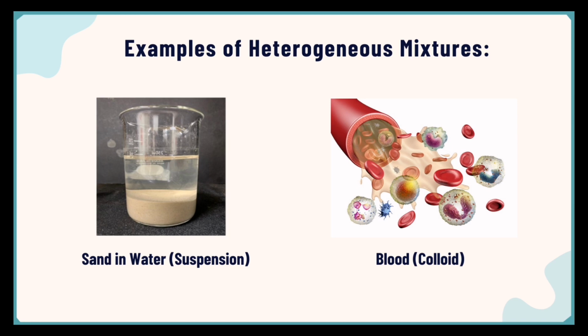It is considered a heterogeneous mixture but appears homogeneous to the naked eye. It is classified as a colloid because of that reason. However, when observed through a microscope, it is a heterogeneous mixture composed of red blood cells, plasma, white blood cells, and more. Let's move on to solutions.